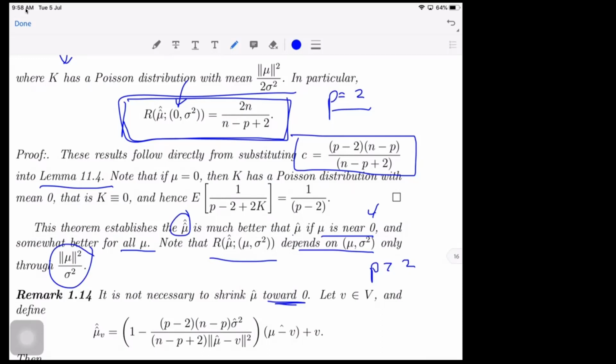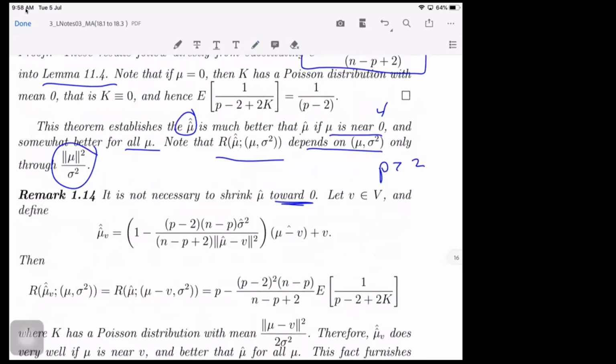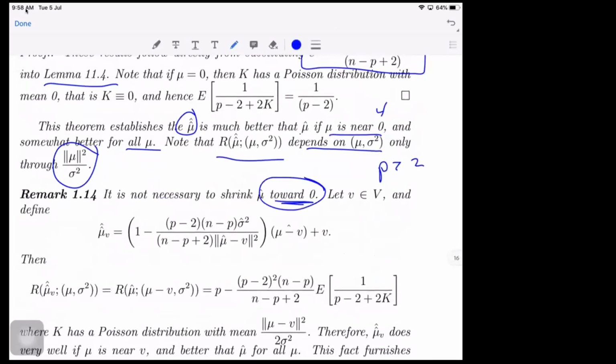The advantage of the James-Stein estimation is that it is not necessarily that you shrink towards zero. You can always get a vector V wherein you define a James-Stein estimator that you will shrink towards V.